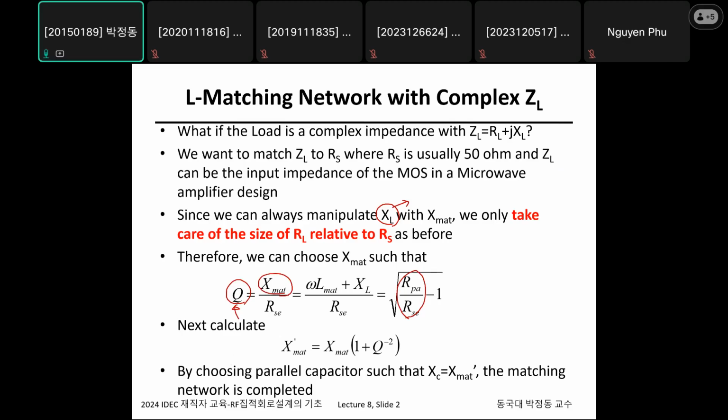As we're gonna see in the next part, pi matching or T matching, sometimes this reactance term is, for example, capacitive, even though what we want to get is inductive.